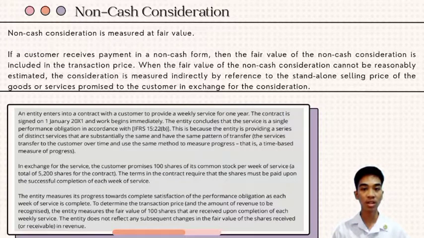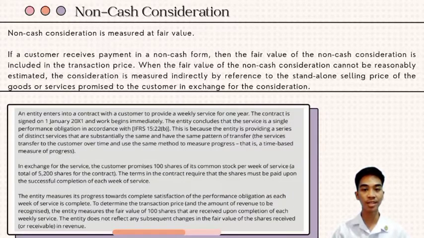This is because the entity is providing a series of distinct services that are substantially the same and have the same pattern of transfer, like the services transferred to the customer over time and the use of the same method to measure progress, that is, a time-based measure of progress.